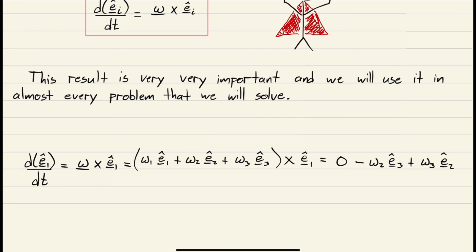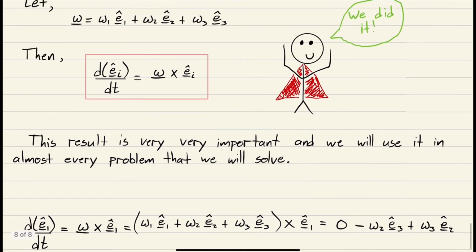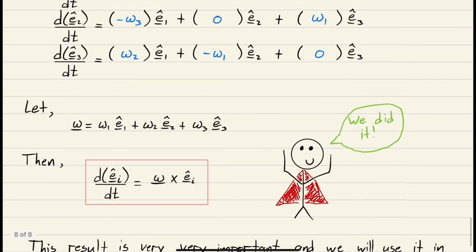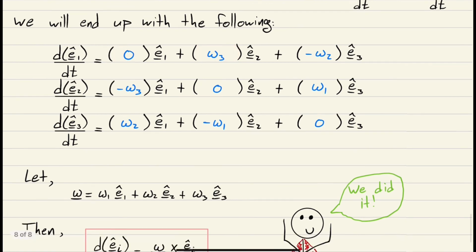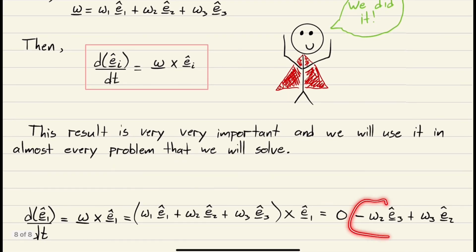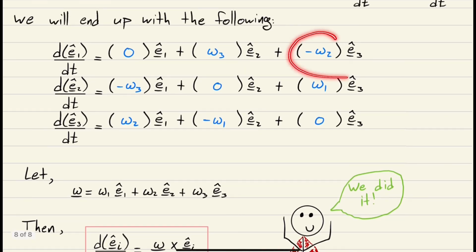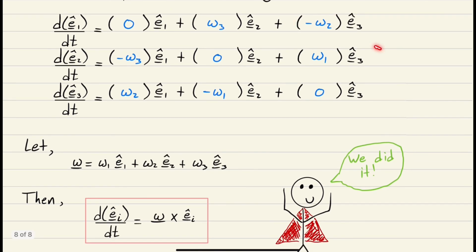That's equal to negative E3, so we end up with negative omega 2 E3. And then E3 crossed with E1 will give you E2, so we end up with omega 3 E2. Let's see if that's what we had. We have omega 3 E2, 0 E1, and the last one was negative omega 2 E3. And you can do that for the other two, and you'll see that it works.